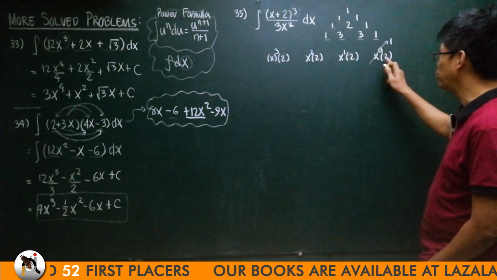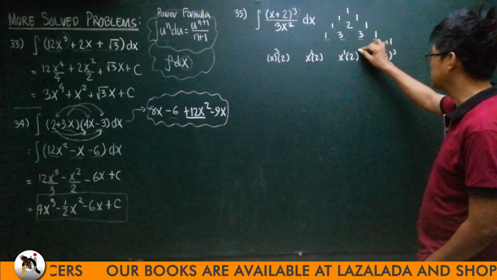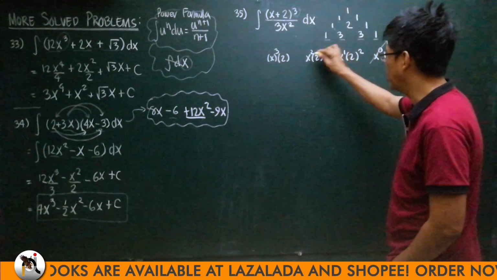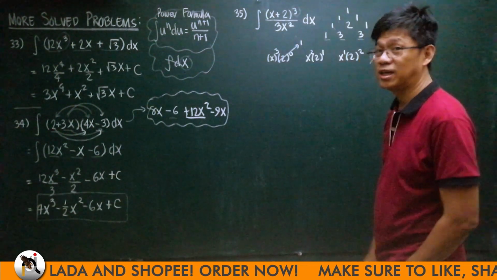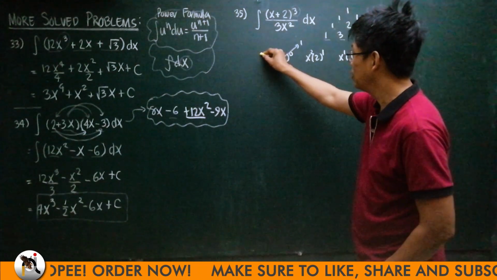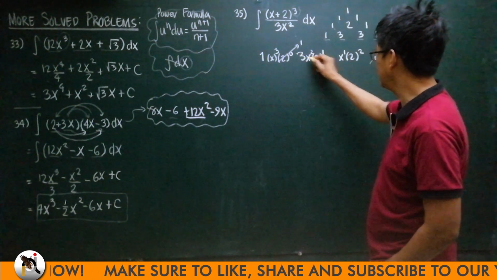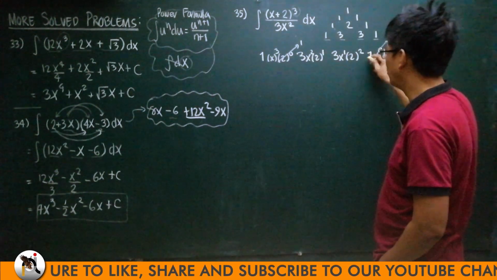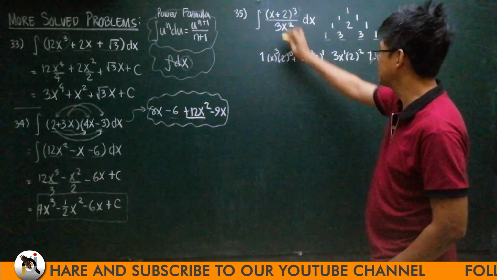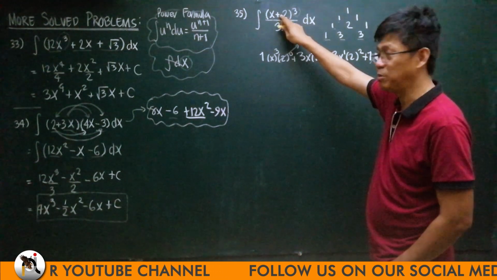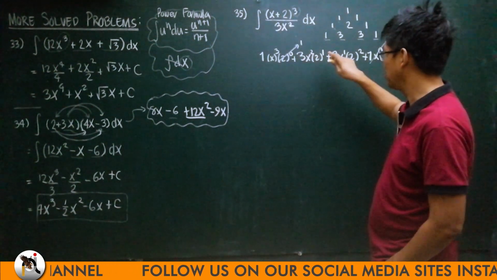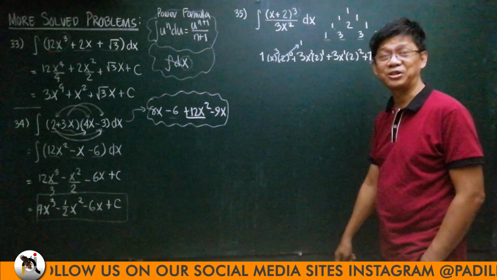Then I add the exponents to 2, backwards: 3, 2, 1, 0. 2 to the 0 is 1. Then I add the coefficients 1, 3, 3, 1. Since this is plus, all terms will be plus. If this is minus, it would be plus, minus, plus, minus, alternating sign.